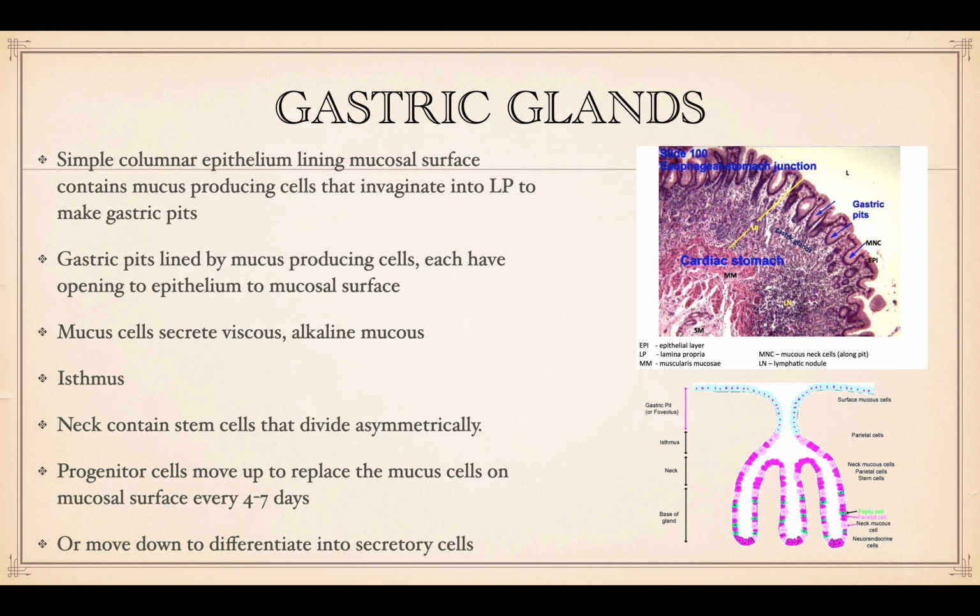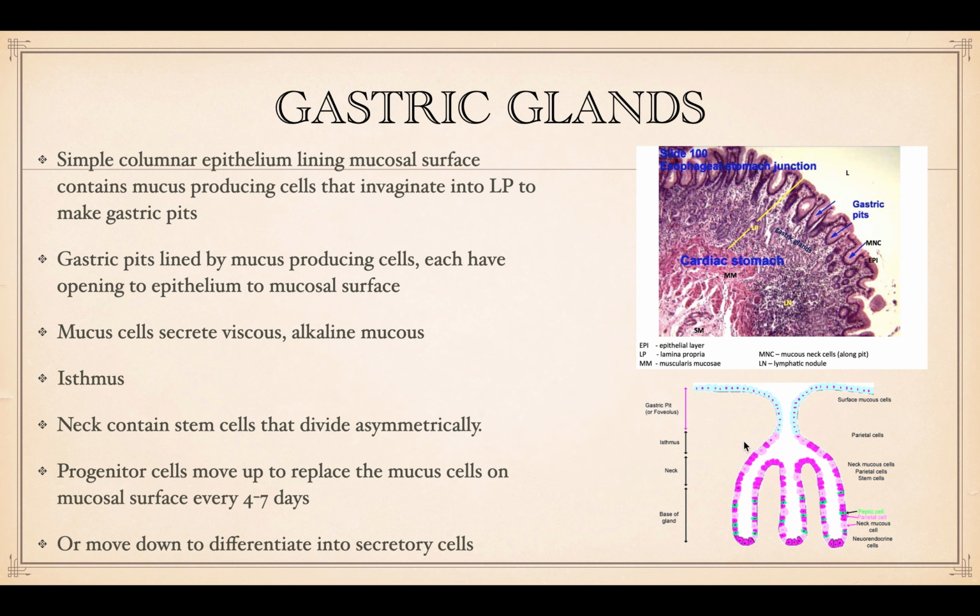The gastric glands are going to be simple columnar epithelium lining the mucosal surface, and they invaginate inwards into these pits, and those pits are going to be lined with the mucus producing cells, and those will have an opening to the mucosal surface, and they make viscous alkaline mucus, and they're just kind of squeezed up through the isthmus.